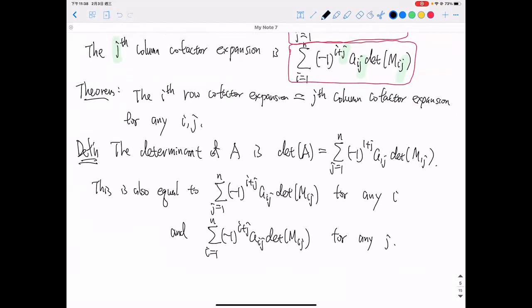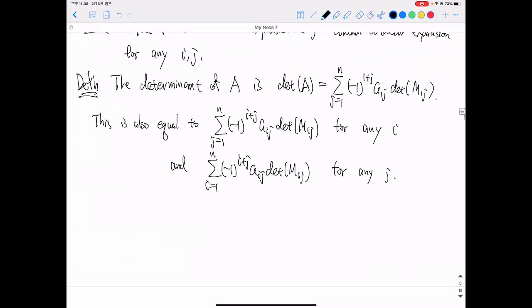Let's see this in another example, a more complicated one. But in any case, before we proceed to the example, what we're doing here is we define the quantity for the matrix A called the determinant.